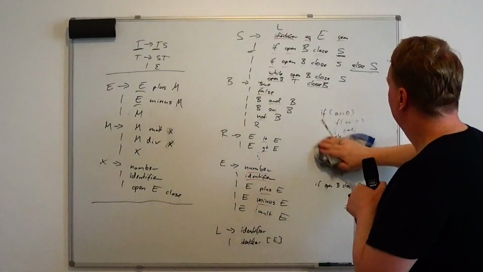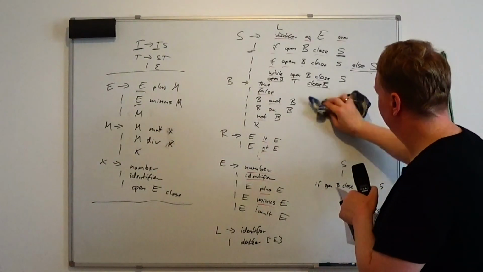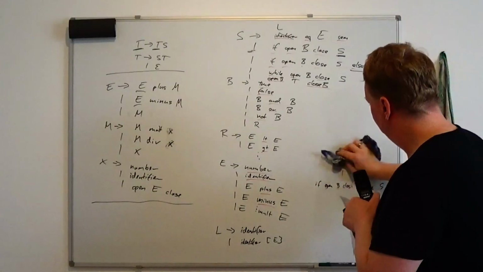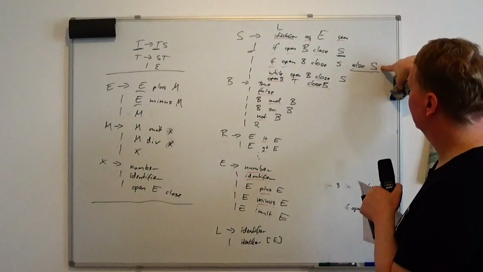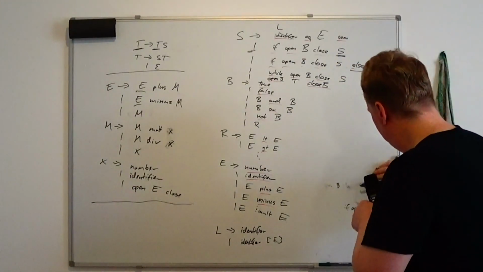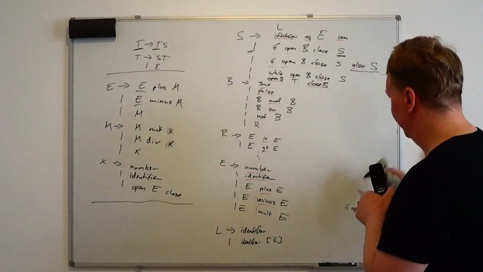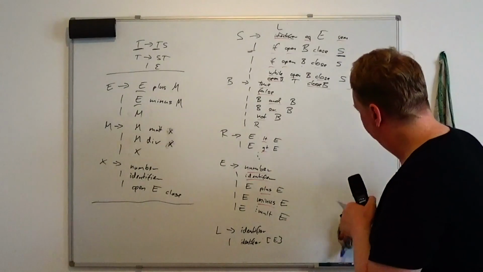But compiler generators normally have facilities to address this problem. So you could just say, I want this production rule to have a higher priority than this one. That would forbid making the mistake that I made down here.